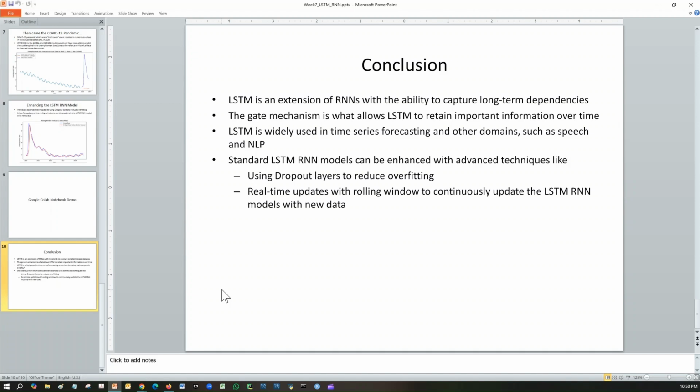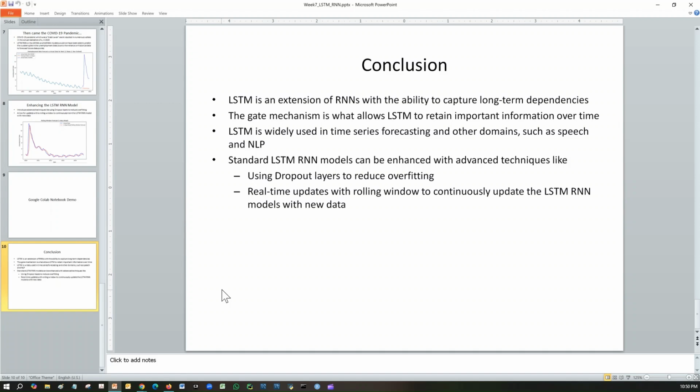Finally, and it relates back to the good question that was brought up in class, is how to improve the forecasting capability of the LSTM network.